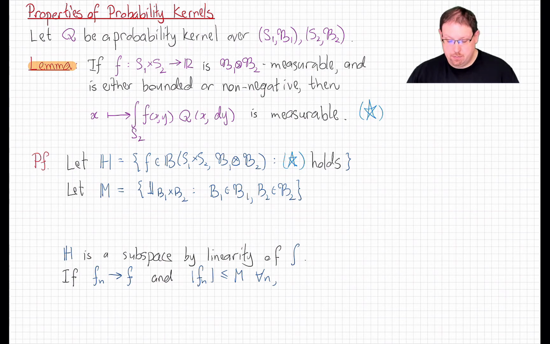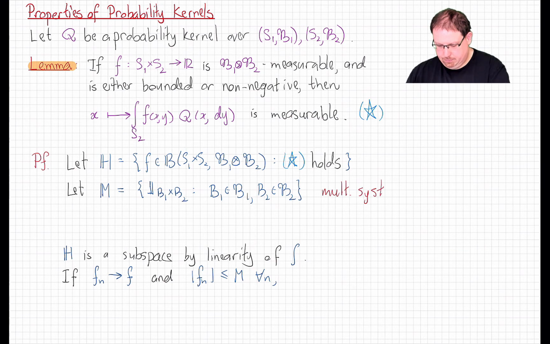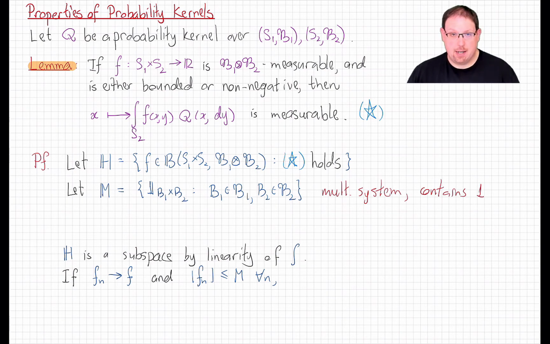To do so, we're going to look at the following multiplicative system: indicator functions of product sets, which is easily verified to be a multiplicative system. It also contains the identity 1, which is just the indicator of S1 times S2.